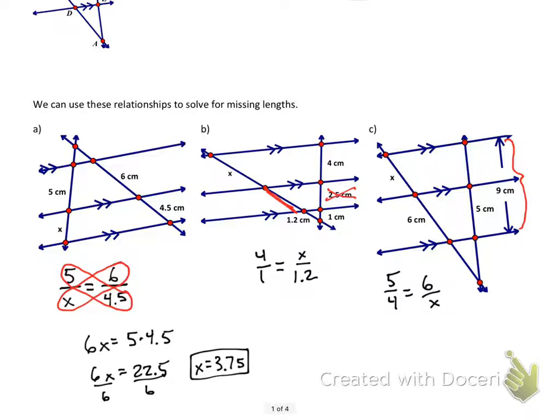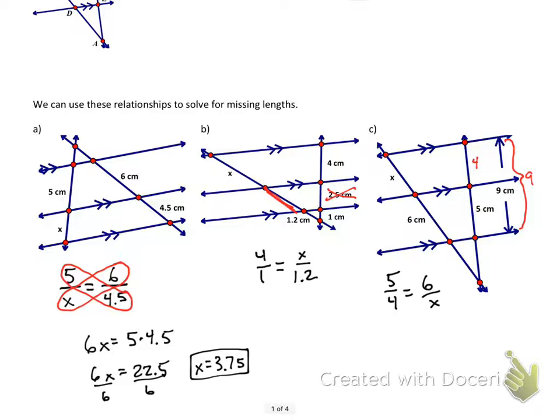It already tells us that's 9. And therefore, when you do your subtraction, you get your 4 right here. Why did we need that 4? There you go. That x corresponds to the length of 4 right here, not to the 9. There's nothing on the left that corresponds exactly to the 9. But we can do our subtraction, get the 4, and those now correspond.